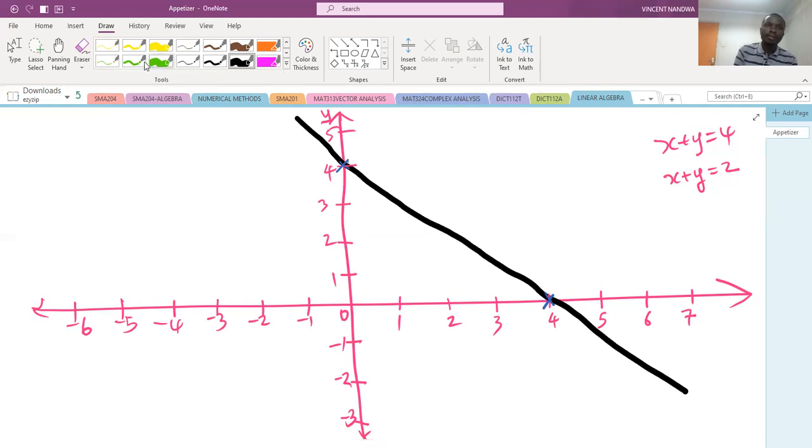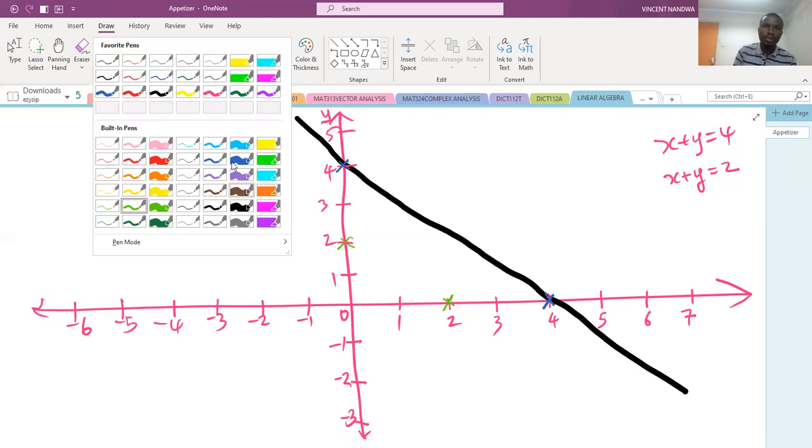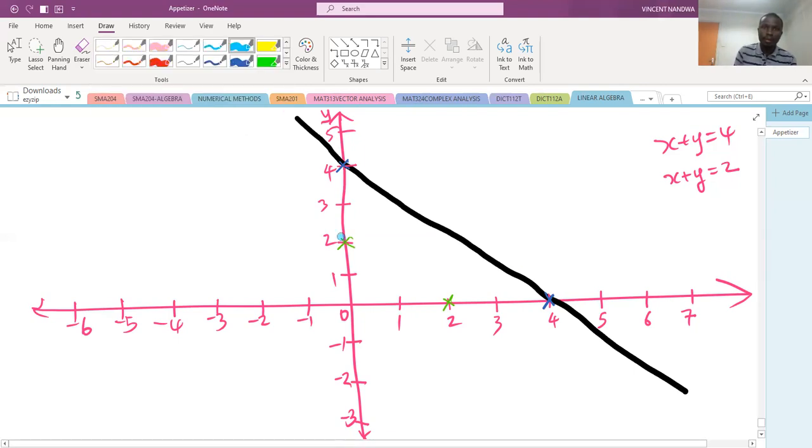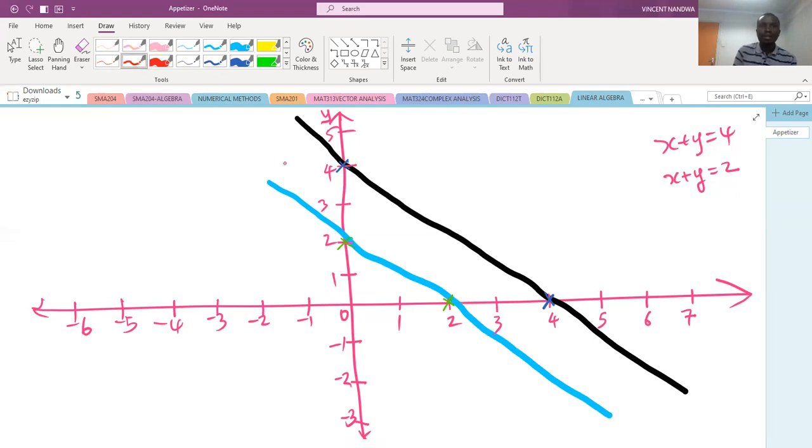And then the other one, x-intercept is 2. Y-intercept is also 2. And so when you draw this, you see clearly this is x plus y equals 4.